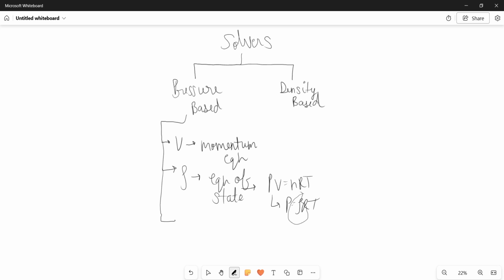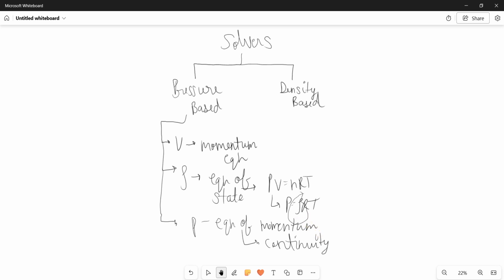So your pressure comes from the equations of momentum and continuity. This is where your P comes from, and this is your pressure-based equation.